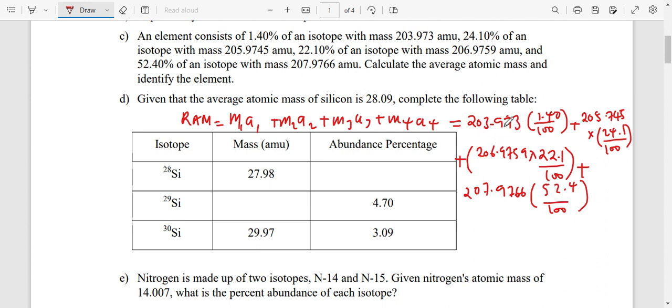Let me just punch everything here. 203.973 multiplied by 1.4 divided by 100. Then we are going to have plus 205.745 multiplied by 24.1 divided by 100.